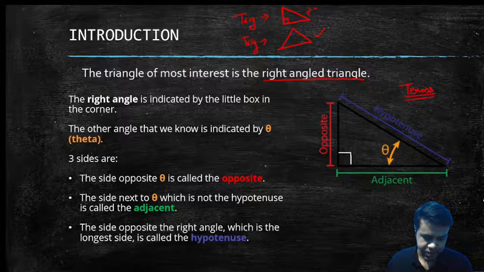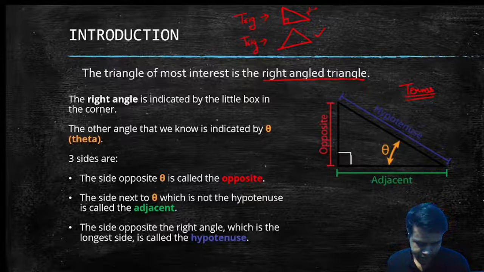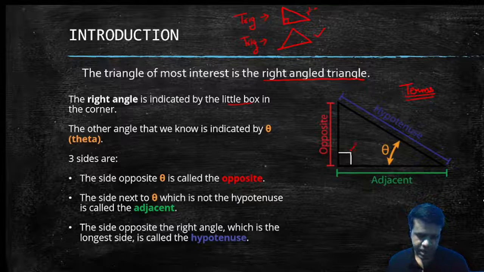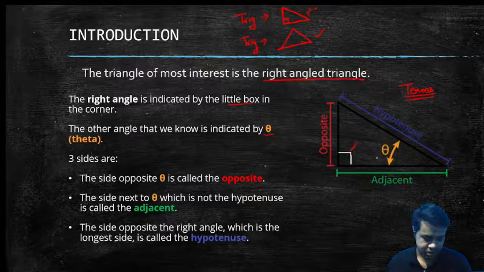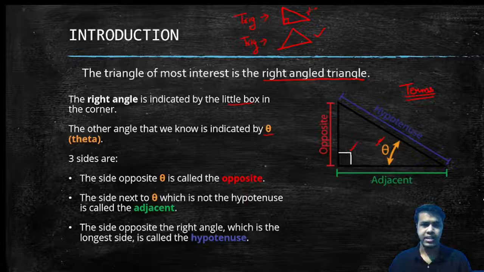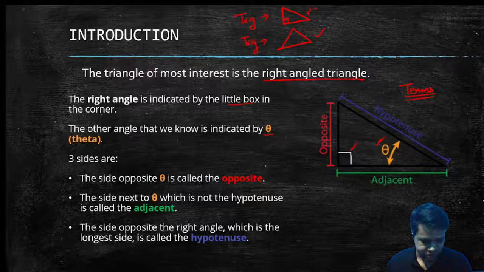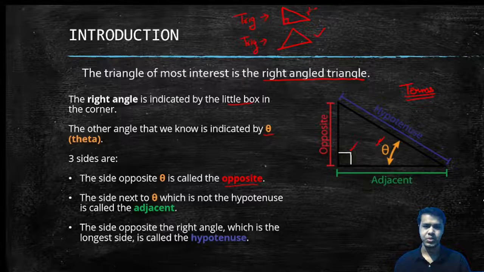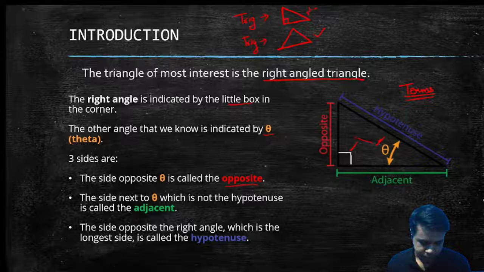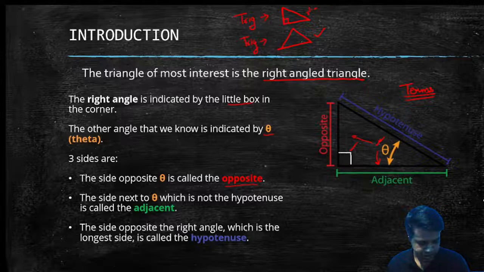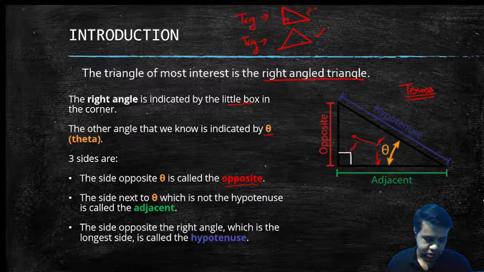So what are the terms? Firstly, there is a right angle which is denoted by a little box, and there is a theta which is generally given to us. Now, if we look at the three sides, what are those? The side opposite to theta is called the opposite. Very simple definition. And the side next to theta, adjacent to theta, is called the adjacent.